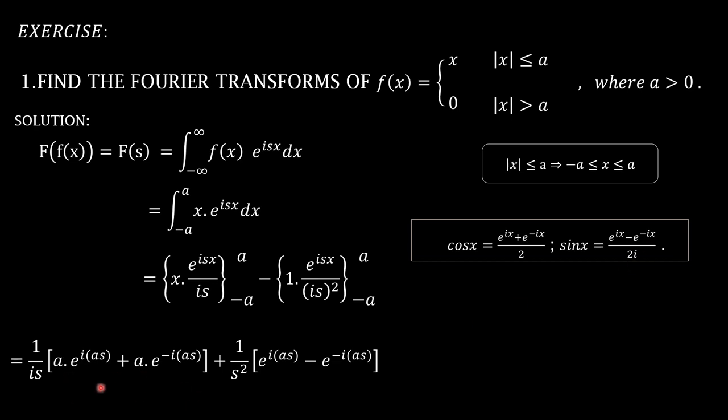Just taking a outside the bracket and observing that e to the power i into as plus e to the power minus i into as can be written as 2 into cos as, plus 1 by s square into, observe that e to the power i into as minus e to the power minus i into as can be written as 2 into i into sin as. If you want, you can simplify, or else leave it at this point itself. So, this is the required Fourier transform of the given function.